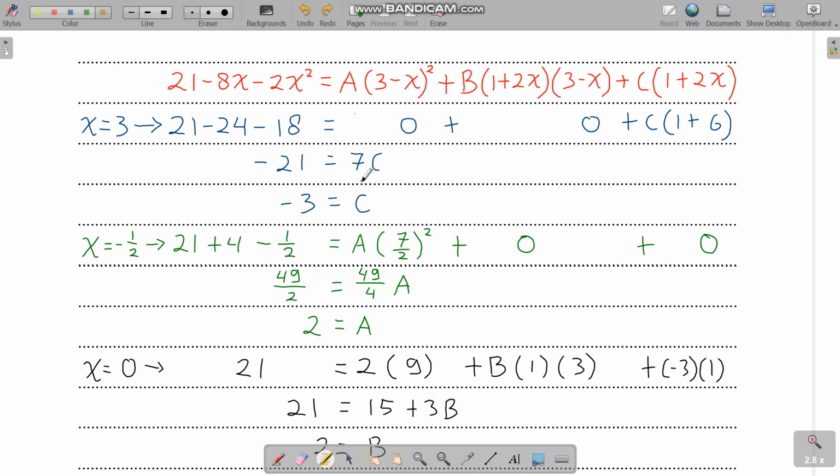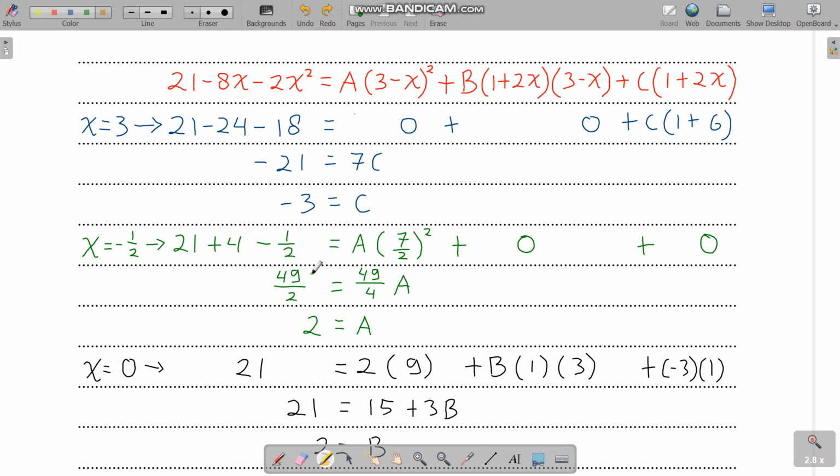Now we do the same thing but with x equals minus 1/2, because then this factor will be 0: if you plug in minus 1/2, this is minus 1, and 1 minus 1 is 0. So if you plug in minus 1/2, you get 21, minus 8 times minus 1/2 gives plus 4, and minus 2 times 1/4 gives minus 1/2, and with your calculator you get 49 over 2.